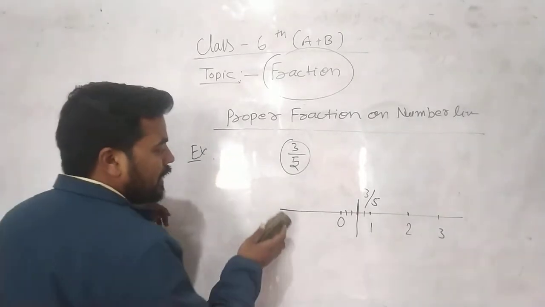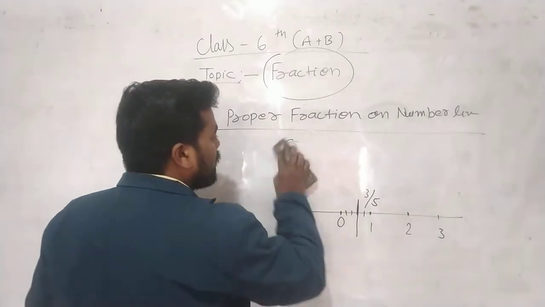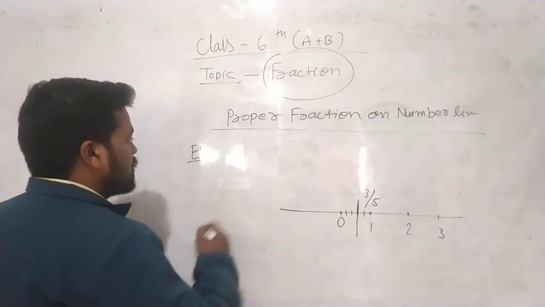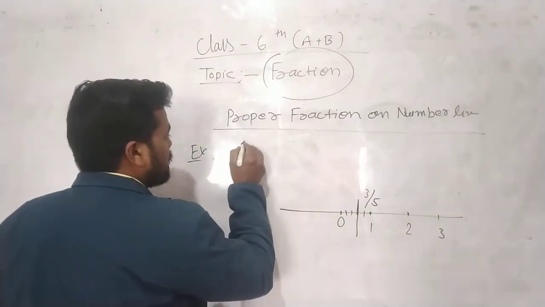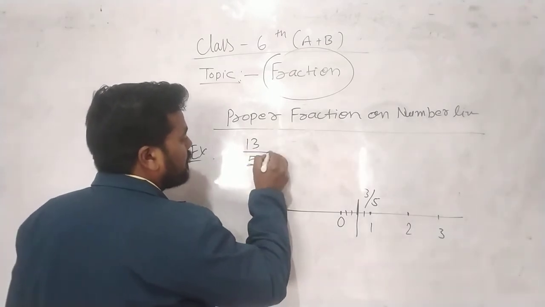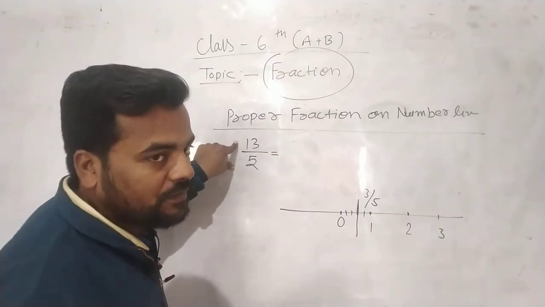Okay, now let's take another example, how to represent improper fraction on the number line. Suppose that improper fraction or mixed fraction both, suppose that 13/5. So first you change this improper fraction into mixed fraction.